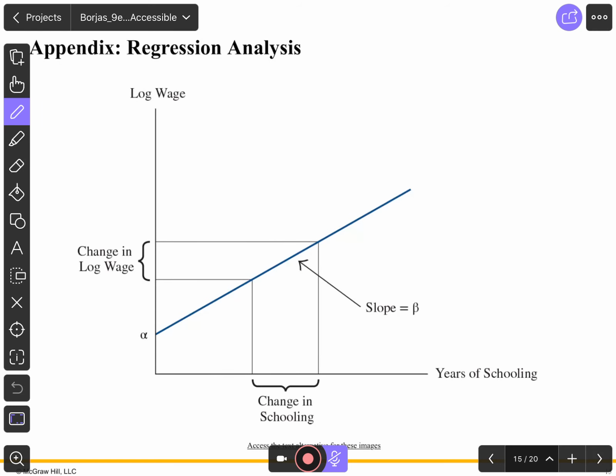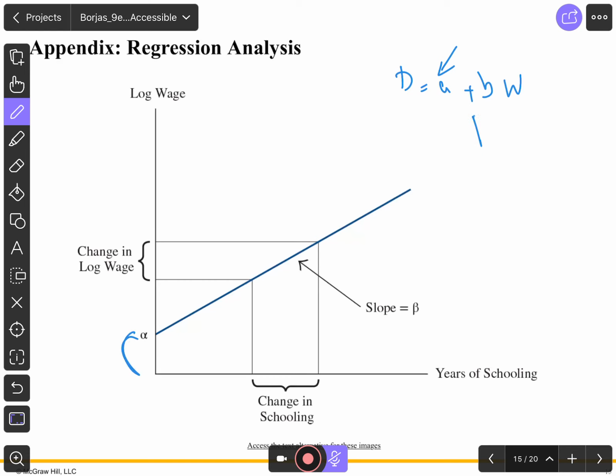The appendix of this chapter is about regression analysis, and it's like what I wrote before. When I write that the demand is equal to A plus B times wage, then A is the intercept, like the alpha here.